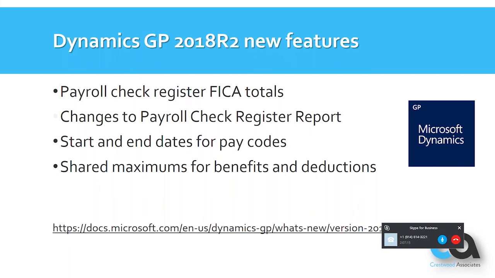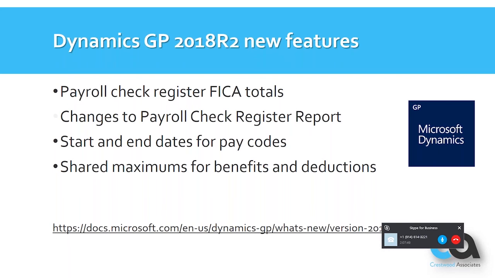And then the other one is there's a functionality related to shared maximums for benefits and deductions. So you can basically assign a shared calendar year maximum for a group of benefits or a group of deductions. That can be really helpful if, as an example, you have employees that contribute to 2 different 401k plans, you can then have that shared maximum stored in the system.